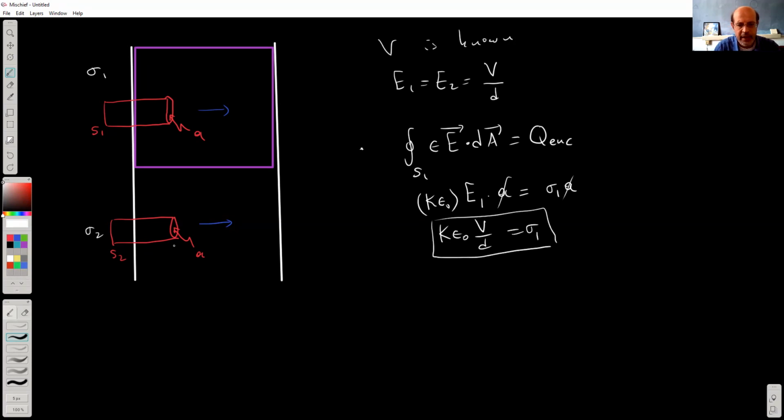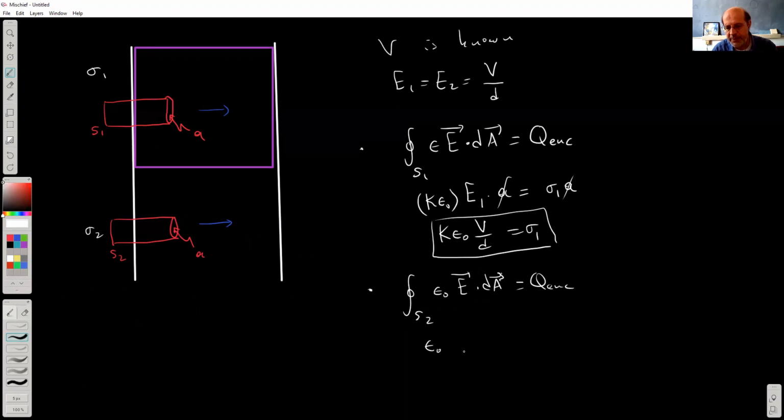Okay. And then I apply the Gauss law for this surface. So let me write down the expression. On S2, we have epsilon 0 multiplied with the electric field dotted with the area. That's the enclosed charge. So in that case, again, we get contribution coming from the right base.